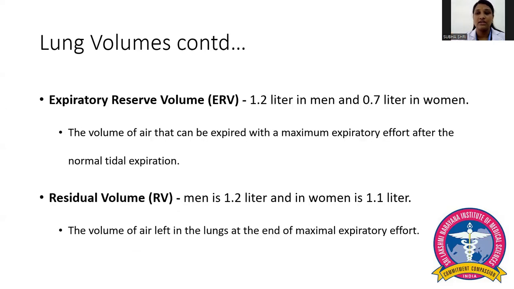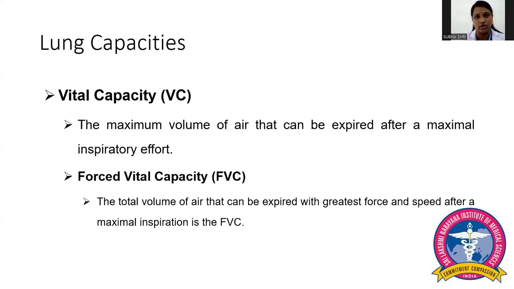The same way is expiratory reserve volume. It is the amount of air expired in addition to tidal expiration. And last is residual volume. It is the amount of air remaining in the lungs after a maximum expiration. So these are the four lung volumes.